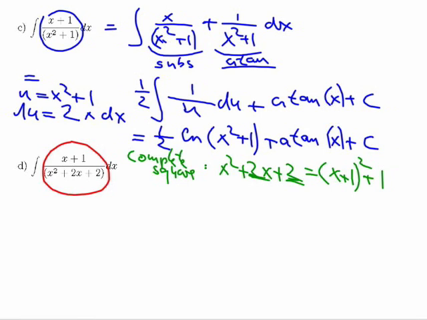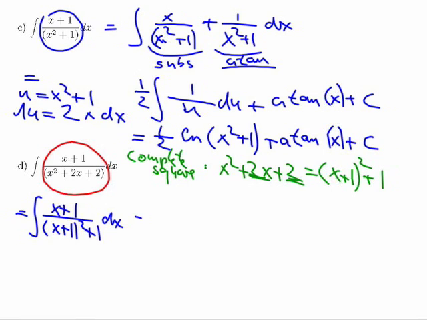Okay, so doing this, our integral now becomes the integral over x plus 1 divided by x plus 1 squared plus 1. Integrating this again is rather easy. We do a substitution either of x plus 1 or x plus 1 squared, or we even could substitute x plus 1 squared plus 1.